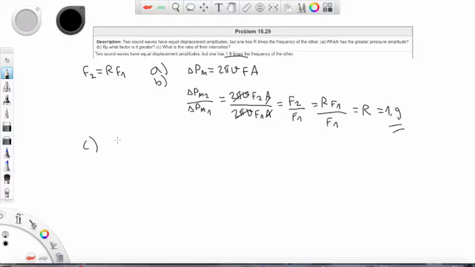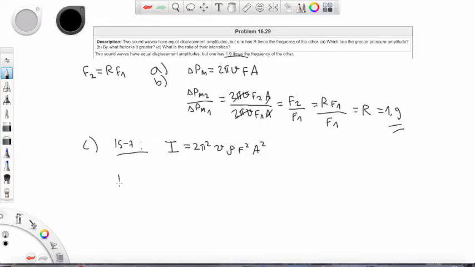And intensity is given by equation 15.7 in the textbook, which states the following: intensity of a sound wave equals 2 pi squared times the velocity of the sound times the density of the medium, its frequency squared, and its displacement amplitude squared.